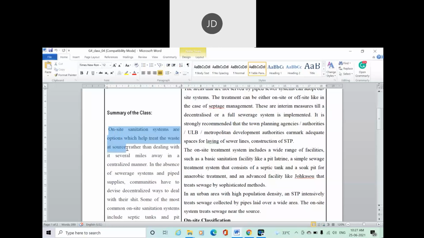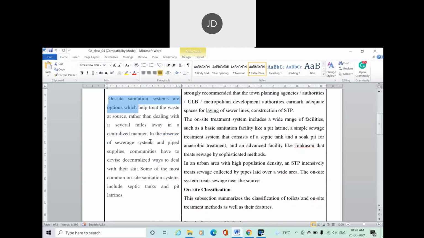When the waste is taken miles away from the source for treating or disposing, it is known as off-site sanitation. And this is on-site sanitation.